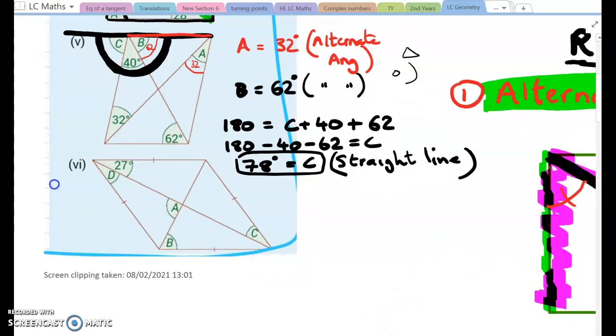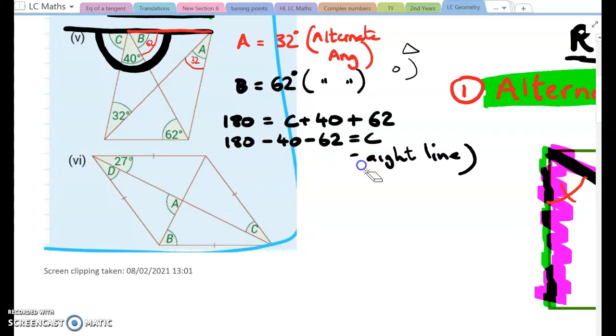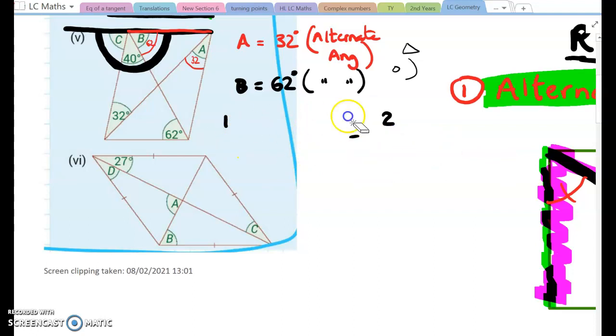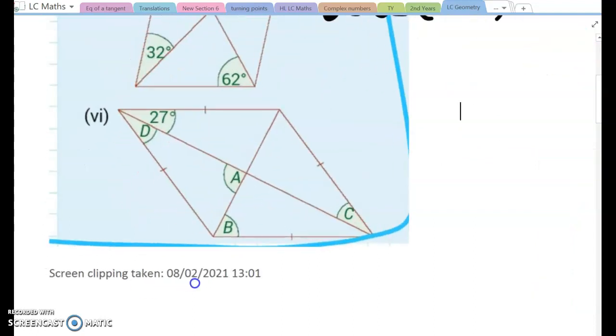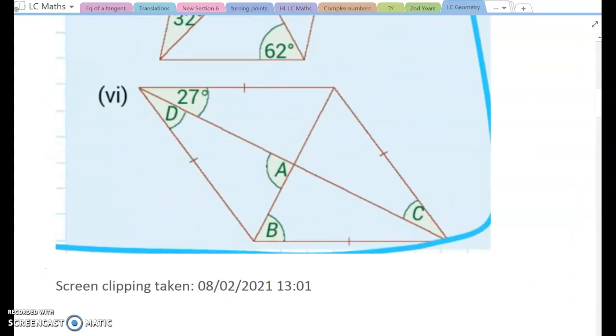So in this part, this one down at the bottom, let me delete this so we won't get confused. We have a similar shape to what we've been dealing with, but we also have these interesting little lines put in. Now these little notches mean that the side they're a part of is equal to whatever other line has a similar notch.